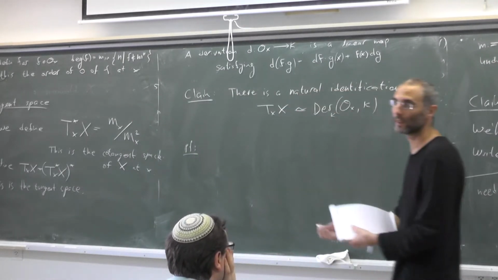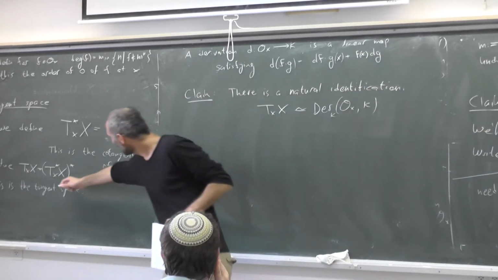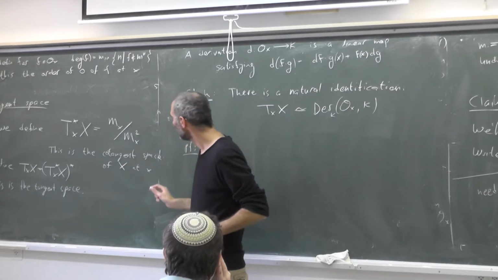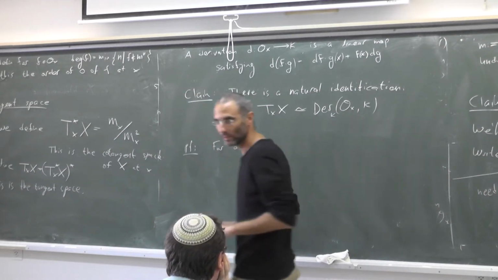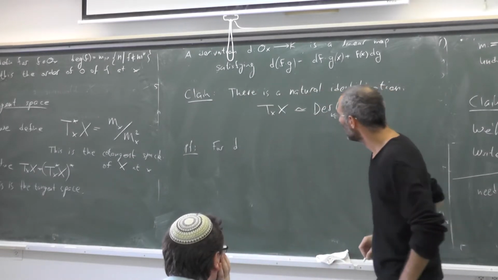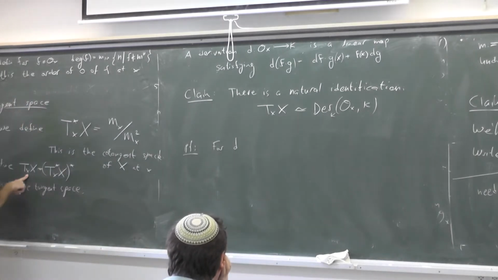Two lines, and I should explain, given a derivation D, how to construct a functional on m over m squared.